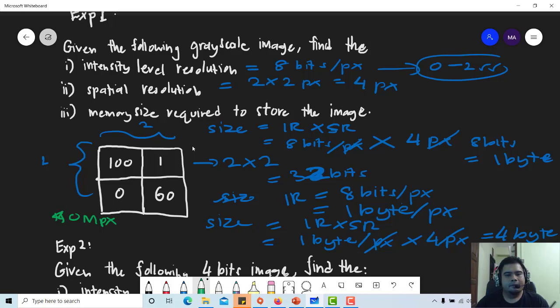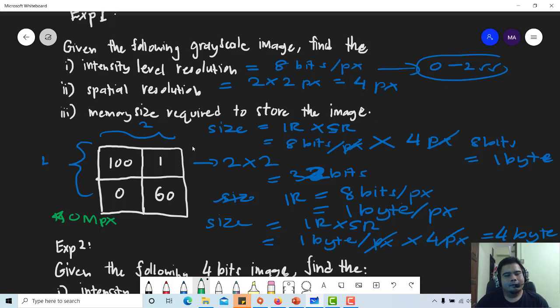So for a 40 megapixel camera, if you don't focus on color images and just focus on grayscale images, assume that the digital camera can convert your color image into a grayscale image, and then save that grayscale image inside your SD card, which is your memory.